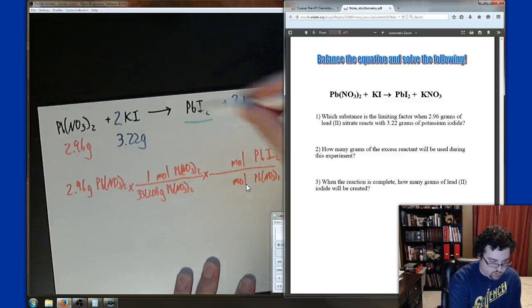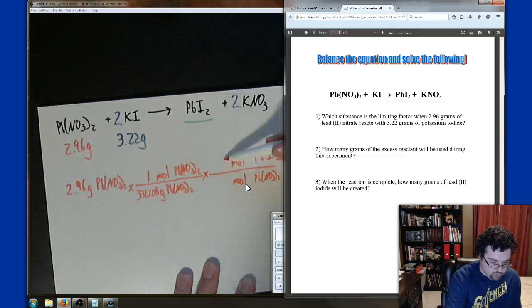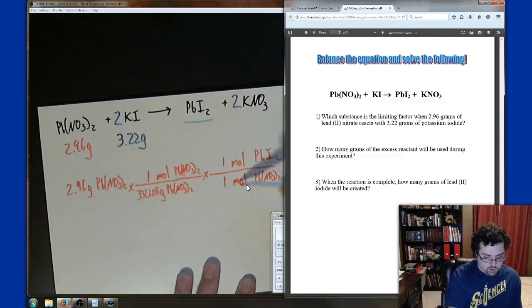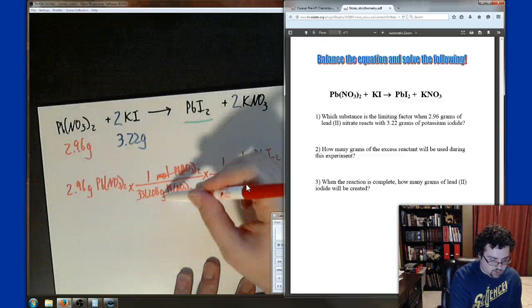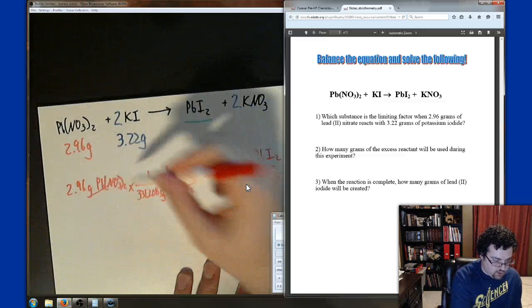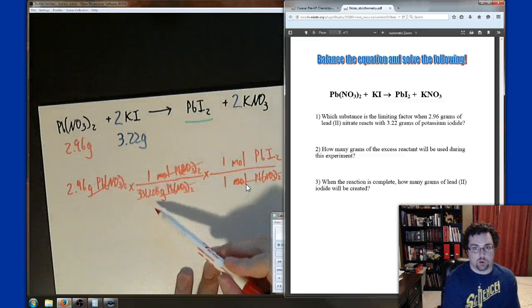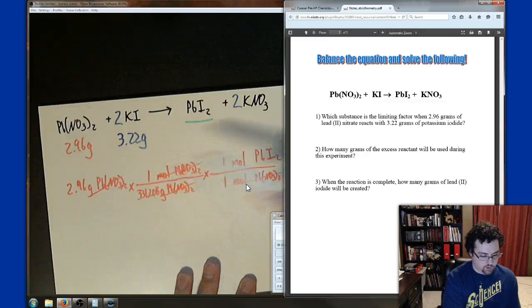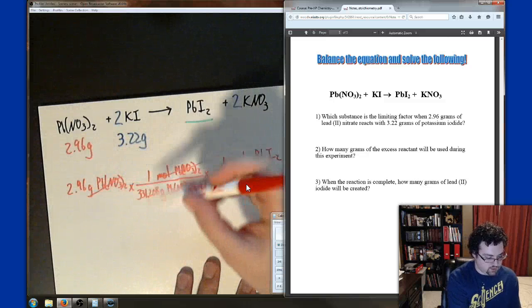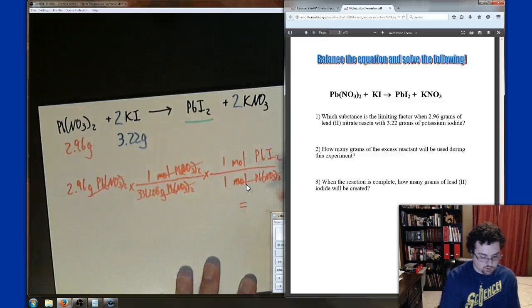Looking at the coefficients, it is a 1-to-1 ratio. So these units cancel, these units cancel. The math is 2.96 divided by 331.208 times 1 times 1 divided by 1, so I don't need to worry about the 1. It's just 2.96 divided by 331.208.